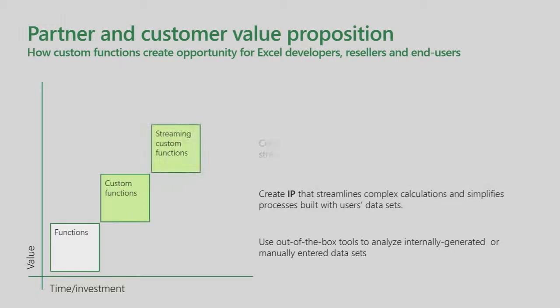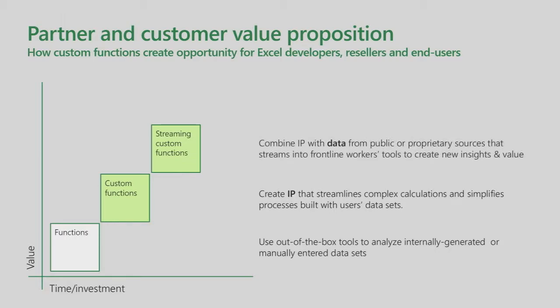Custom functions allow you to create a certain amount of IP that helps you streamline calculations, et cetera. But if you take that IP and combine it with data from either public sources or proprietary sources, you can create a lot of interesting insight and a lot of interesting value. As I articulate this idea and start to show you these things, I really want you to think about this. This building of value across something as simple as a function becomes quite a powerful idea.